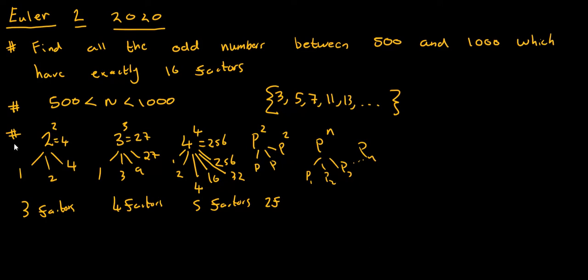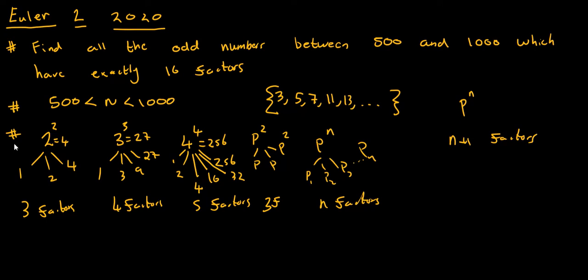Why is that? We've got n plus 1 factors. So the theorem is, if we have something p to the n, we have n plus 1 factors.